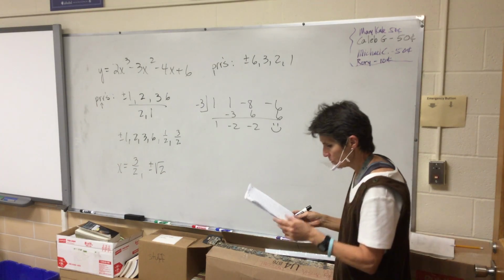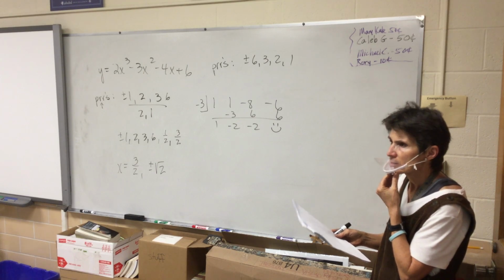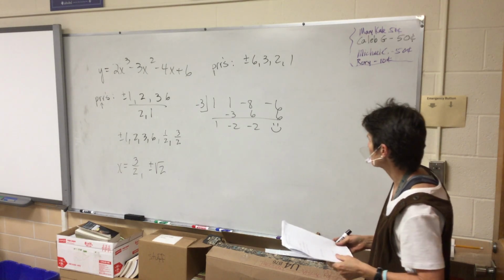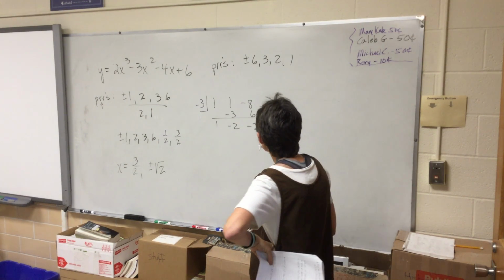I think -3 works. Anybody else try that? Does that work? Oh, Rory, do I have a mistake? No, I was just wondering, how do you get the 2 and the 1 in the denominator?